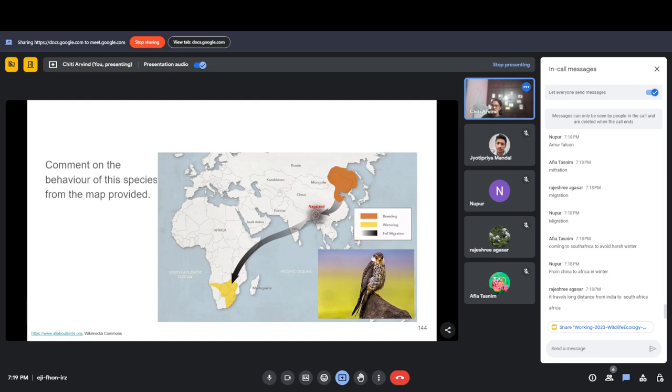What does the map say? The map suggests that Amur falcons are breeding in Mongolia, in the Mongolian Chinese area, and they are wintering in South Africa, right? So what do you mean by wintering?